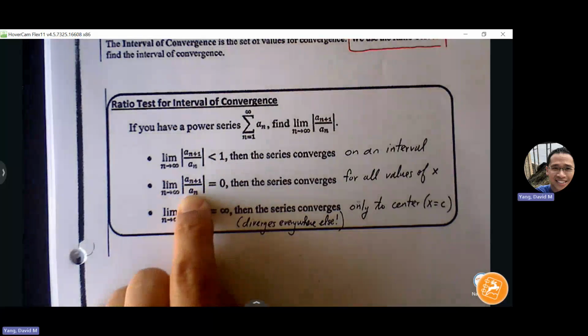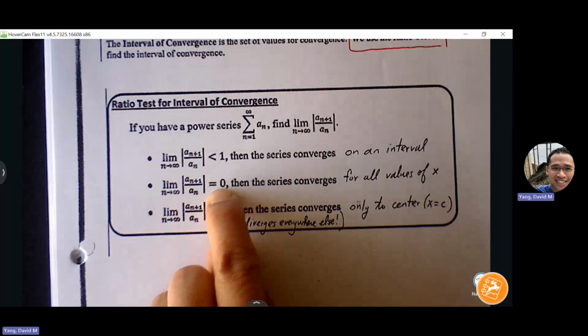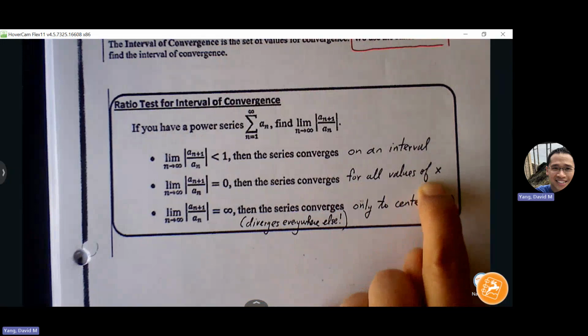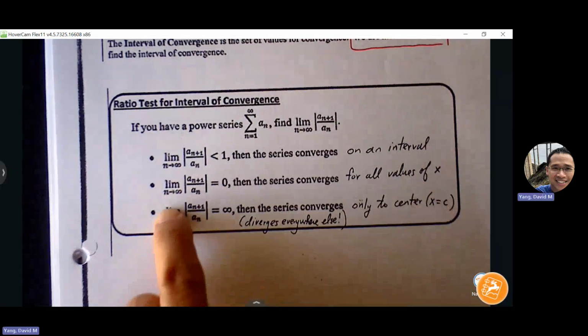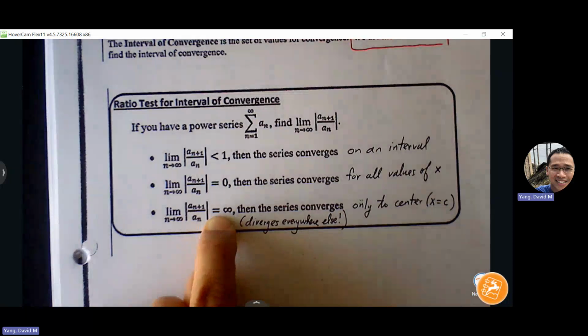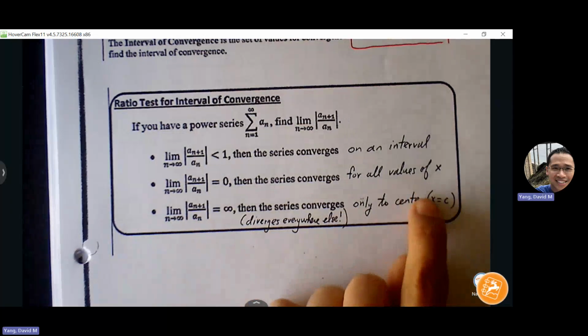If our limit has n left over, but n is in the denominator and it goes to 0, then it doesn't matter what the x value is. We're always going to be able to converge. We can say our domain is all real numbers. But if we go through the ratio test and we realize that n is in the numerator and it goes to infinity, then we know that it's going to diverge everywhere, doesn't matter what the x is, except the center.